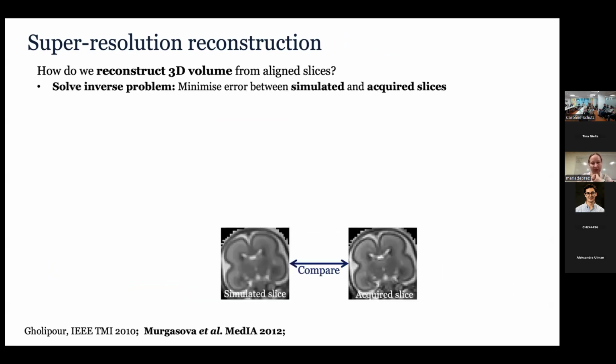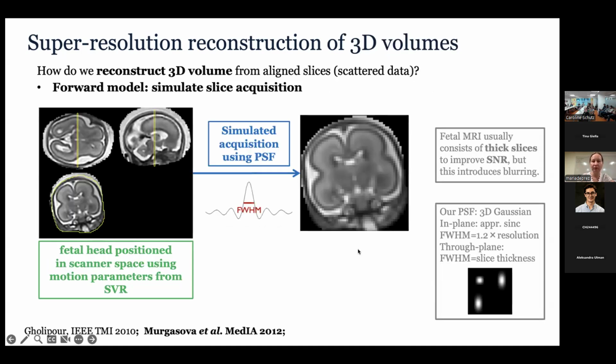Okay, so now the inverse problem. So this is what we have. We have the acquired data here, and if we have some kind of estimate of the volume, we can simulate what the slice would be if this volume is correct. Then we can compare the two, and that will give us the objective function.